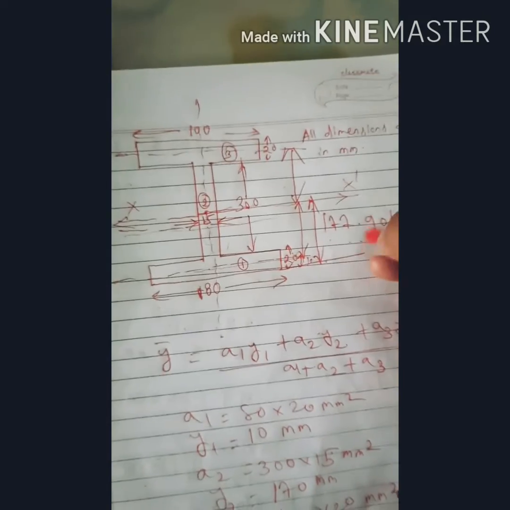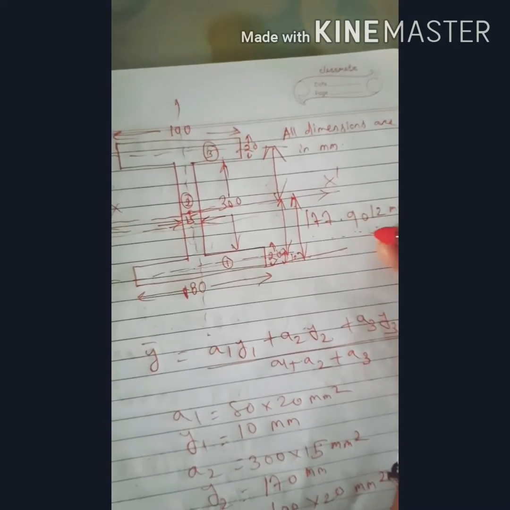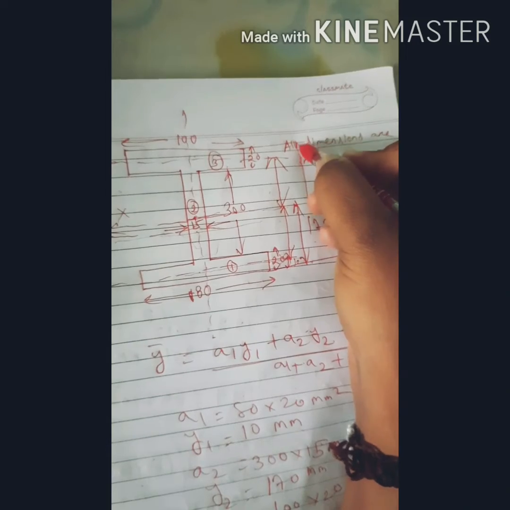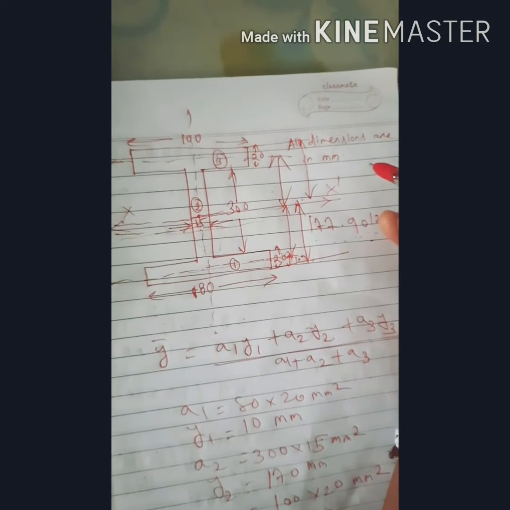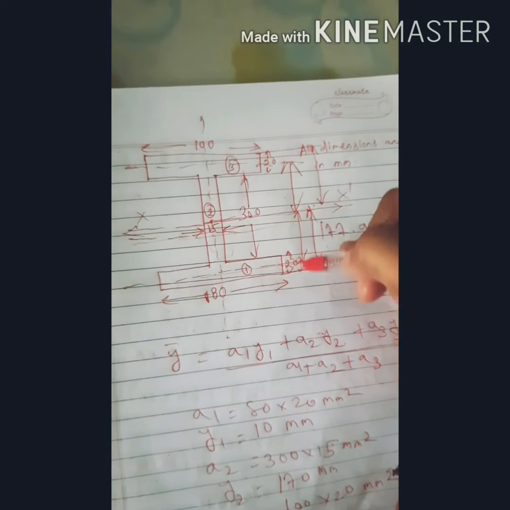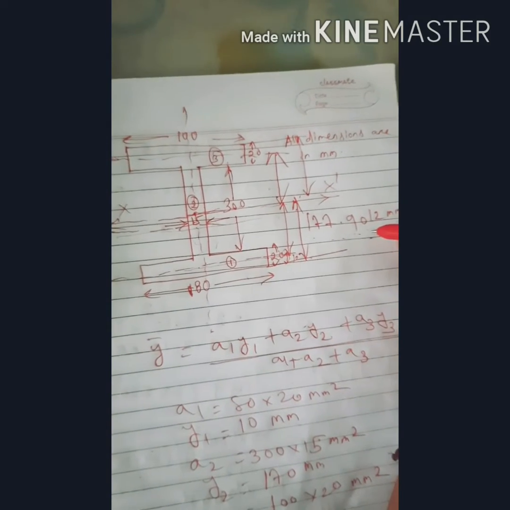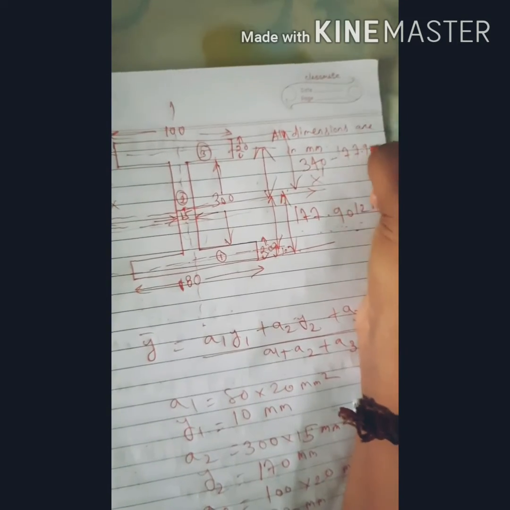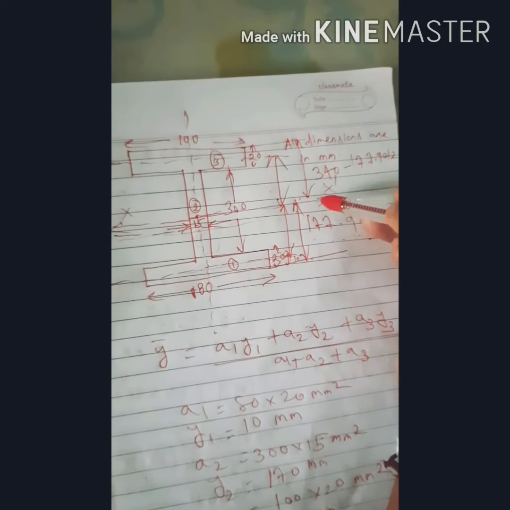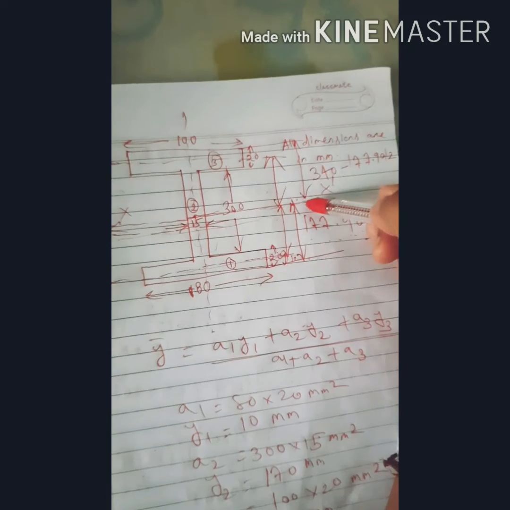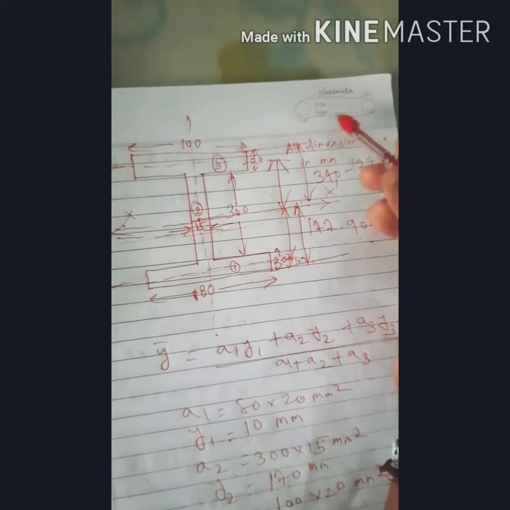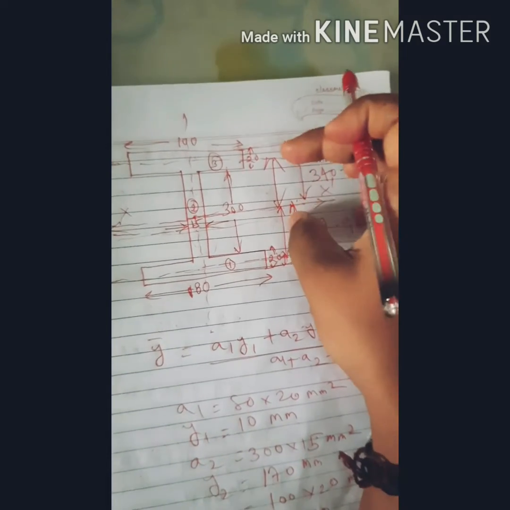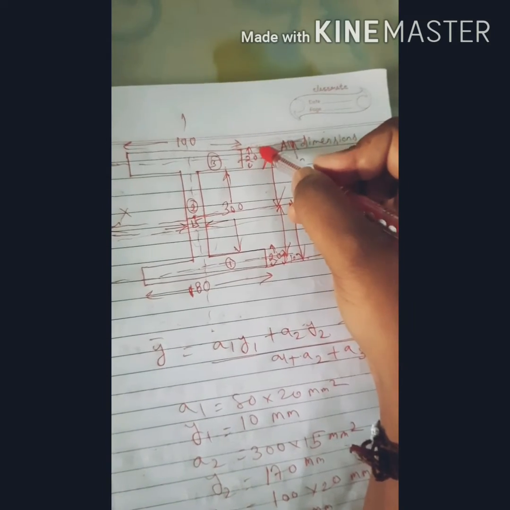The distance of the whole section's CG from the top is 340 minus 177.9012, but we need the distance between the CG and this line, so we subtract 10.